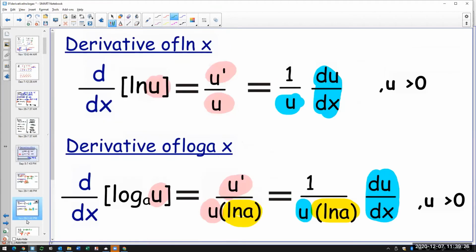All right, and then somewhere in your formula sheet you should have these written down. The u prime over u ln of a can also be written, just like you write this one, 1 over u du dx, as 1 over u ln of a times du dx. So there are 2 forms to write this.